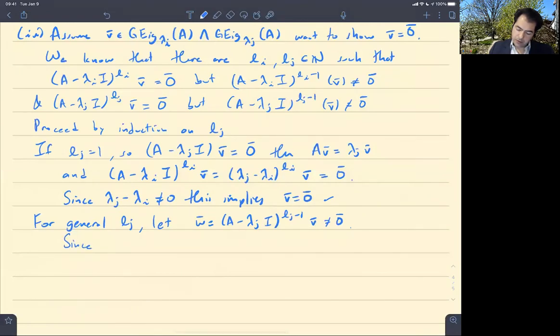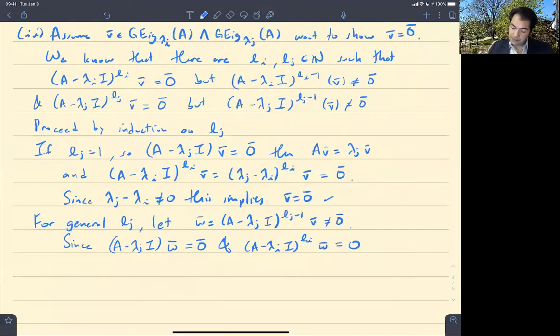However, A minus lambda j times the identity applied to W is equal to 0, because this would be (A minus lambda j times the identity) to the Lj applied to V, and (A minus lambda i times the identity) raised to the Li applied to W is equal to 0, we've reduced to the previous case.